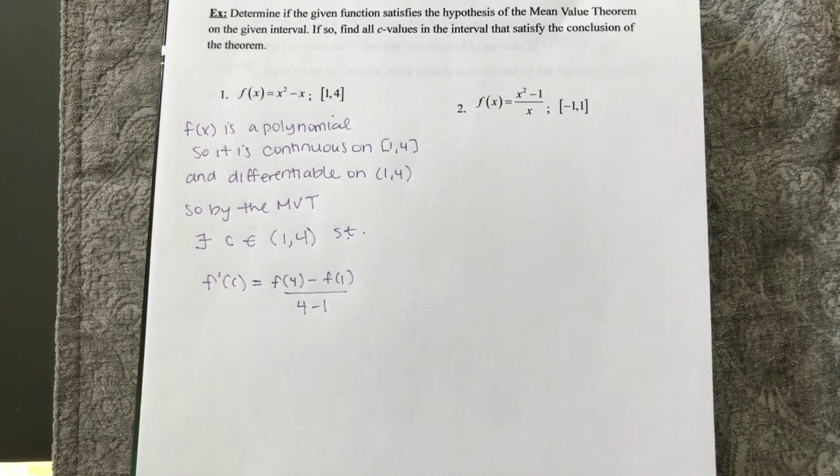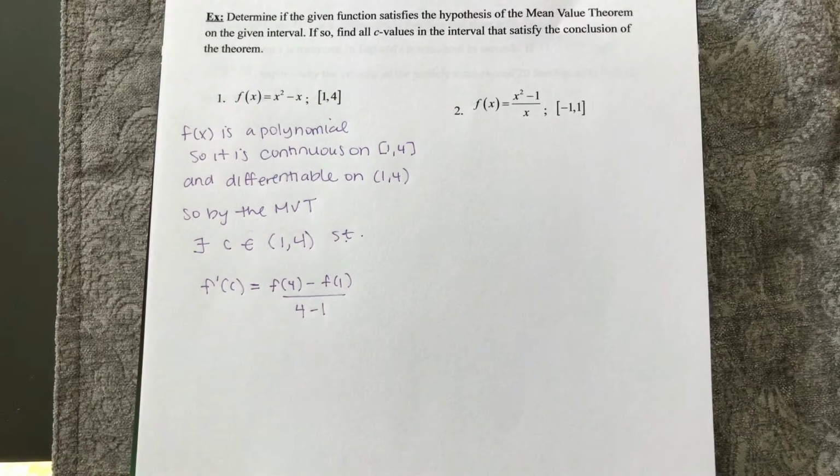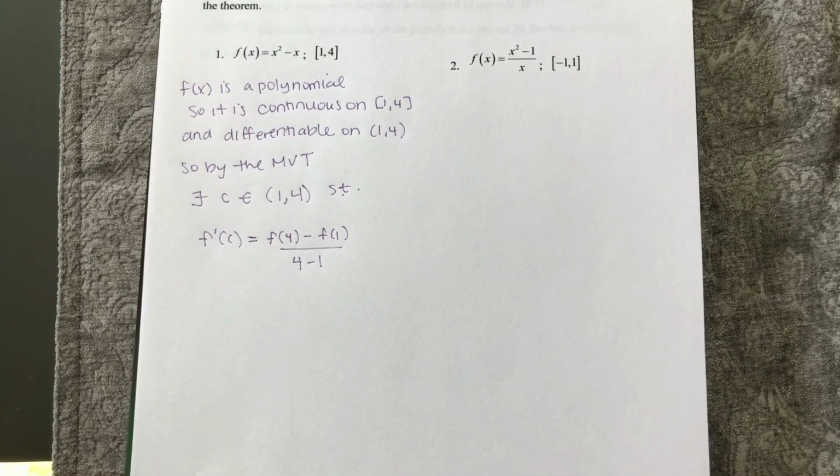So now that I've set up that this mean value theorem can be applied by checking off the two hypotheses, I've stated the conclusion, which now creates an algebraic equation I can solve for c.